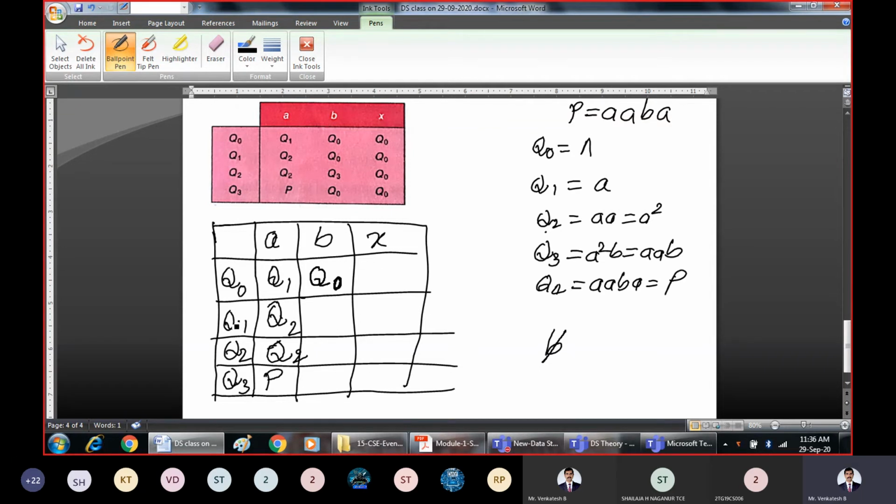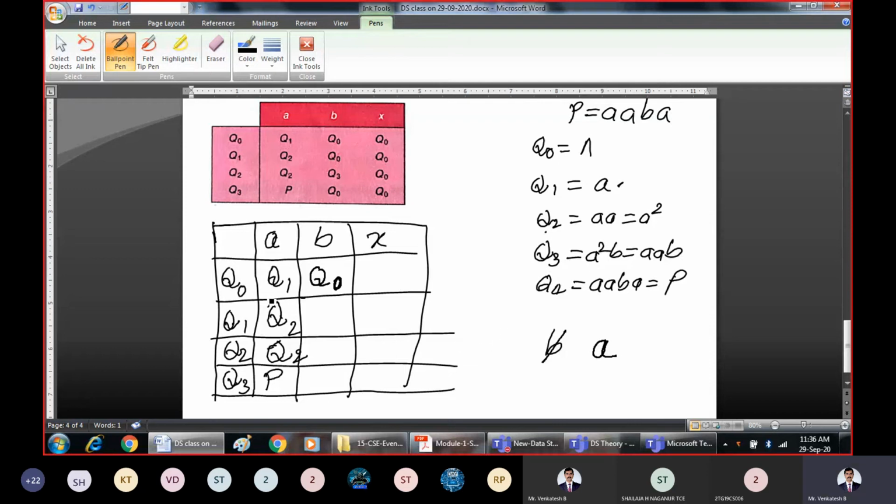Then next, from Q1, if I read B, what is Q1? Q1 means A. That I will write here. From A, if you are reading the next character as B, do we need that? If the first character is A, we want the second character again as A itself.